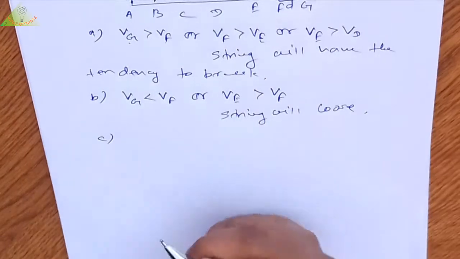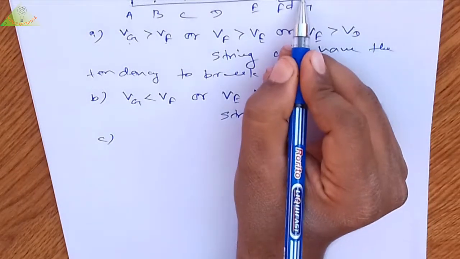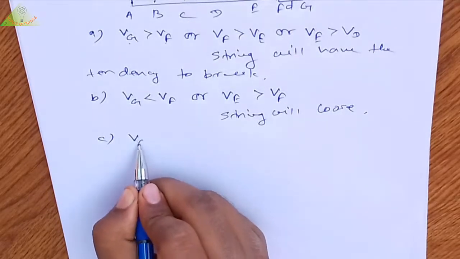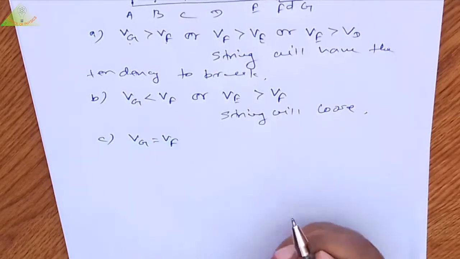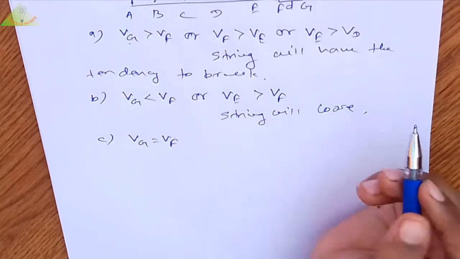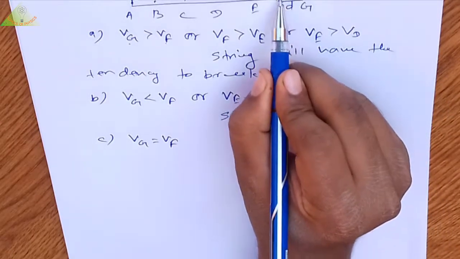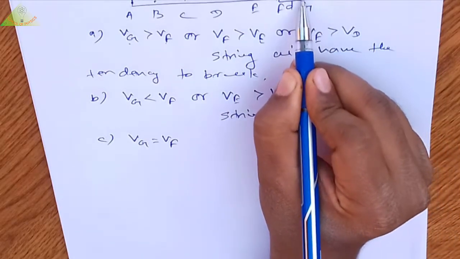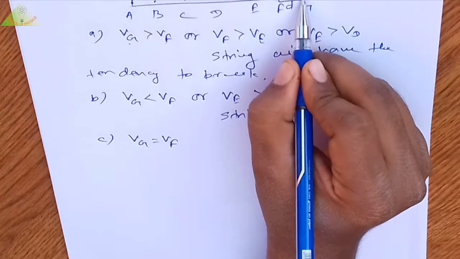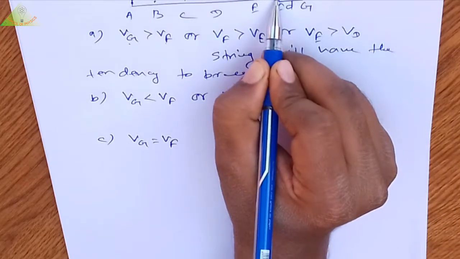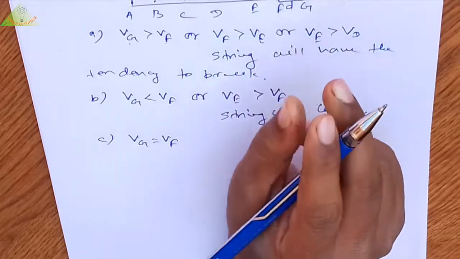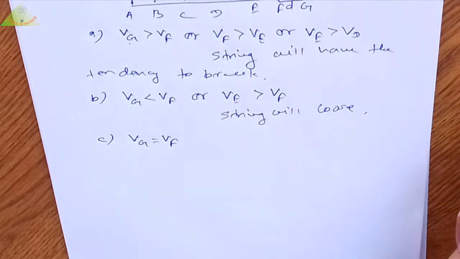The next point comes: if I am taking again the points Vg and Vf, if Vg is equal to Vf. Now look here, this is the point which we are going to discuss in constraint. Suppose the 2 points have the same velocity, it means in a particular time the amount of displacement that this point will travel, the same displacement will be there for this point. It means this distance will remain the same throughout the motion of the particle.